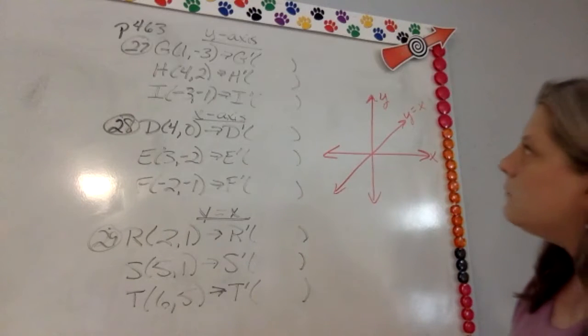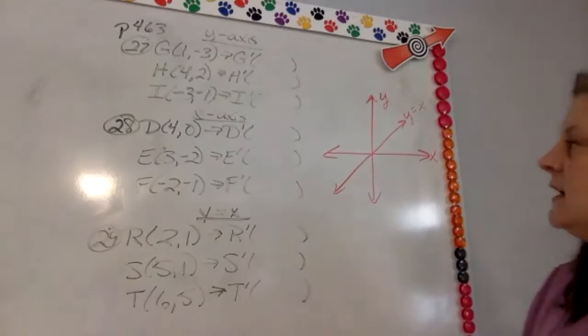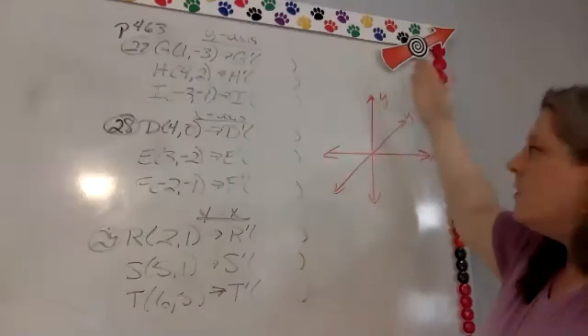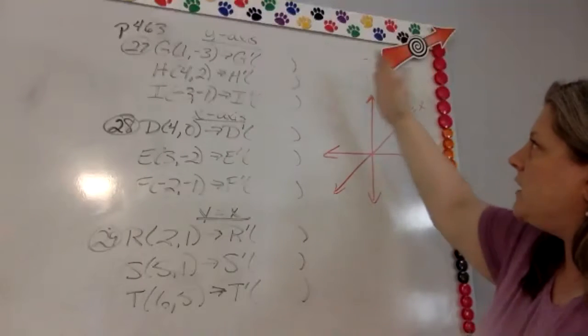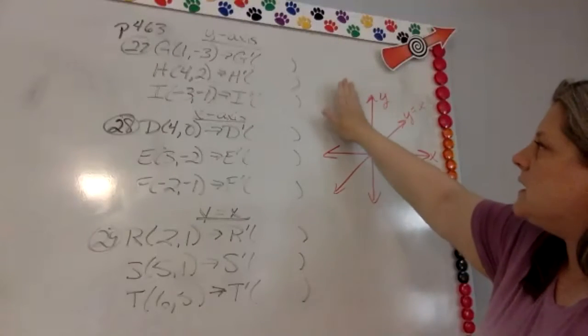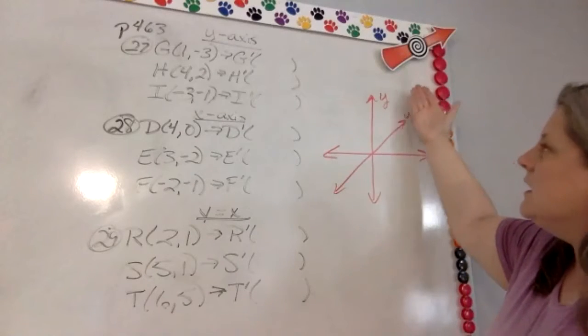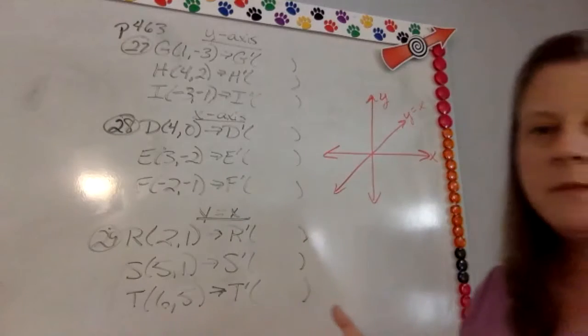Now, if I am reflecting over the y-axis in number 27, that means if it's over here, I'm just flipping it over to this side. Okay, so I'm flipping it across this way. So since I'm flipping from one side of the y-axis to the other, does my x-coordinate change or my y-coordinate change?